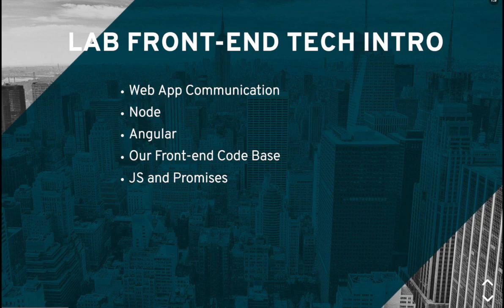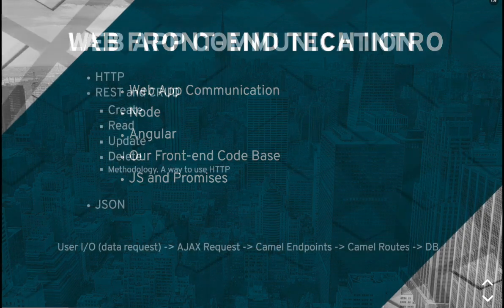Then we're going to go over some key concepts of AngularJS and see how those concepts apply to our code base. Lastly, we're going to go over JavaScript as a language and cover an interesting concept called promises, which we do utilize in the lab.